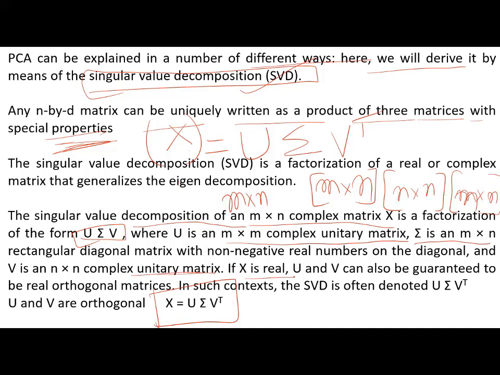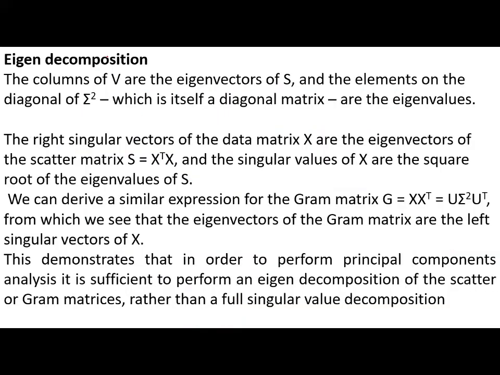If X is real, U and V can also be guaranteed to be real orthogonal matrices. In such a context, the SVD is often denoted as U sigma V power T, because U and V are orthogonal to one another. Now, eigen decomposition.